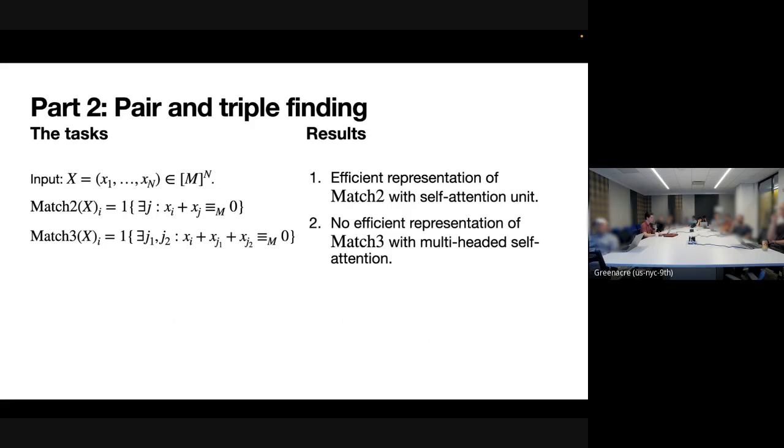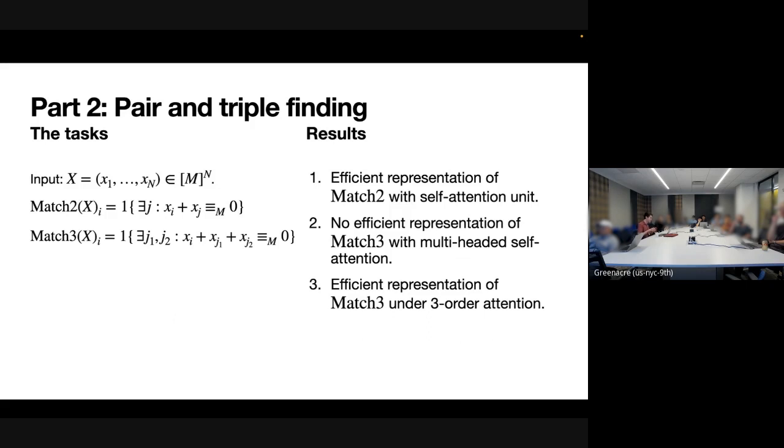Essentially, the theorem is that you need to have either the embedding dimension grow linearly with n, or the number of heads needs to grow linearly with n. You basically have some dependence of that form.